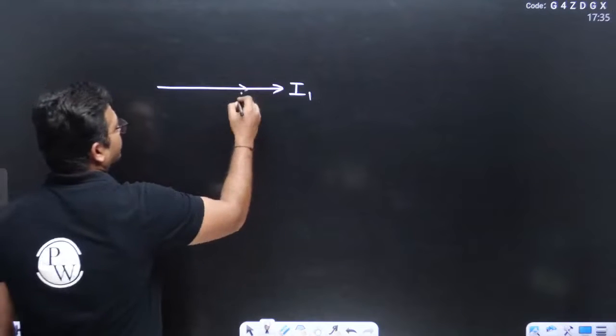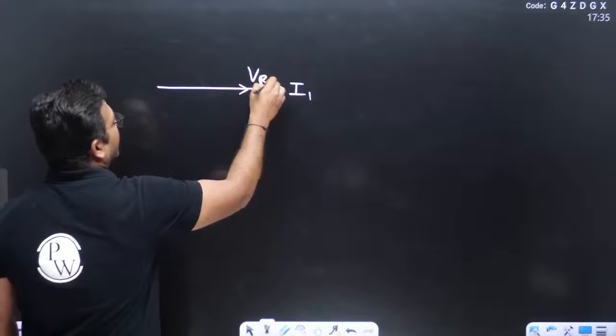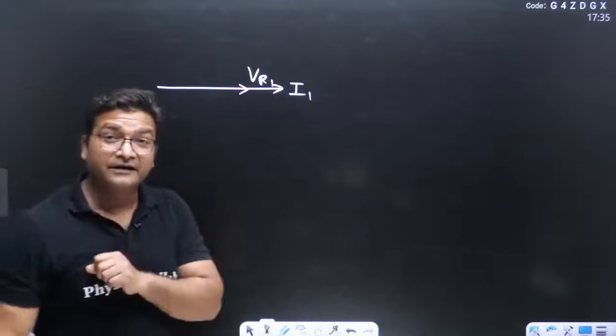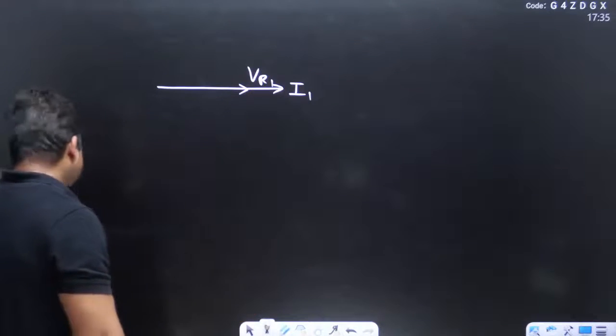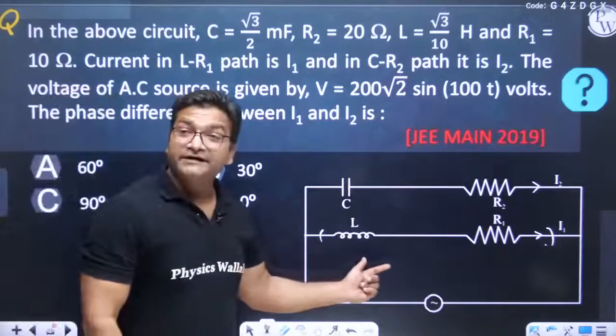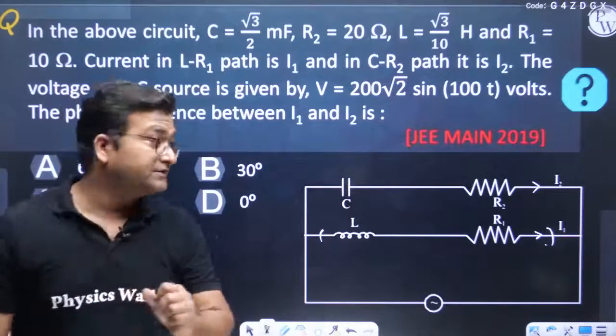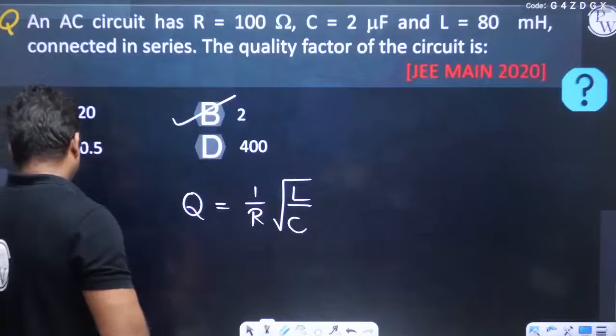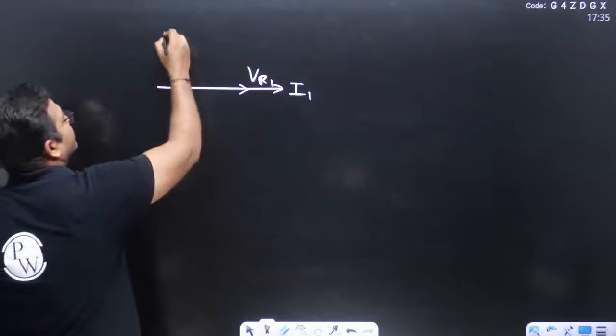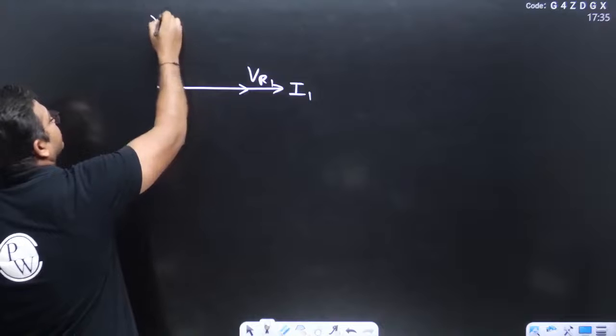So we have VR1 in the same phase as current, and in an inductor the voltage leads current. Remember, the current lags voltage and the voltage leads current. So the VL must be like this.